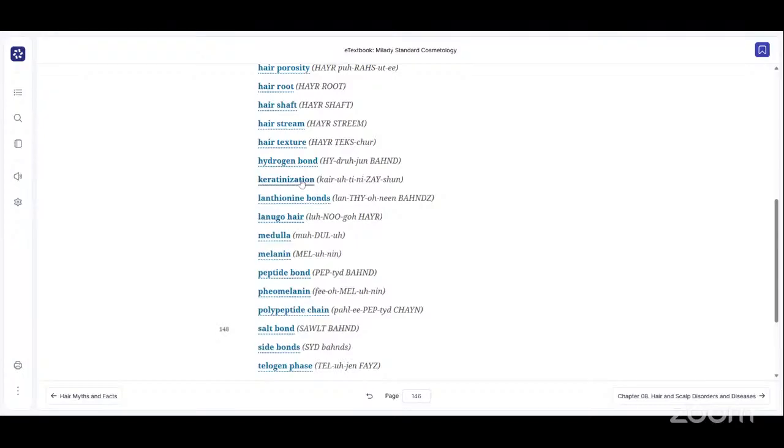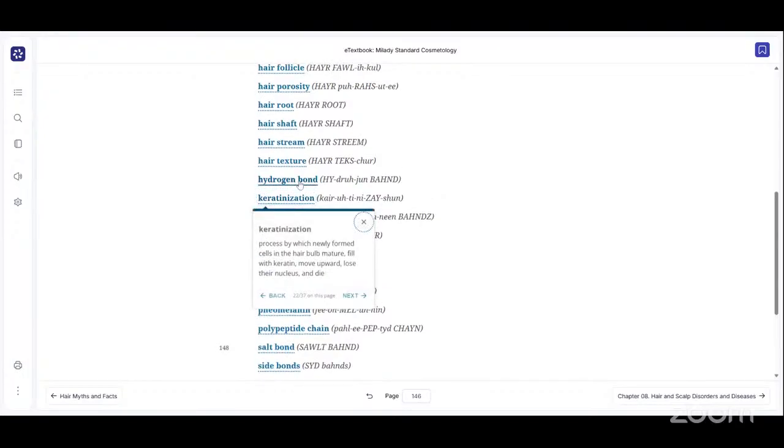I wanted to look at keratinization. It's the process by which newly formed cells in the hair build, mature, fill with keratin, move forward, and lose their nucleus and die. The keratinization process takes the hair that's been formed in the dermal papilla, the matrix, and starts to infuse it with keratin.